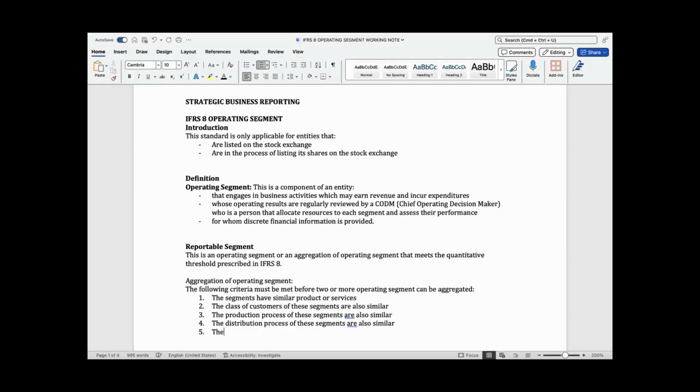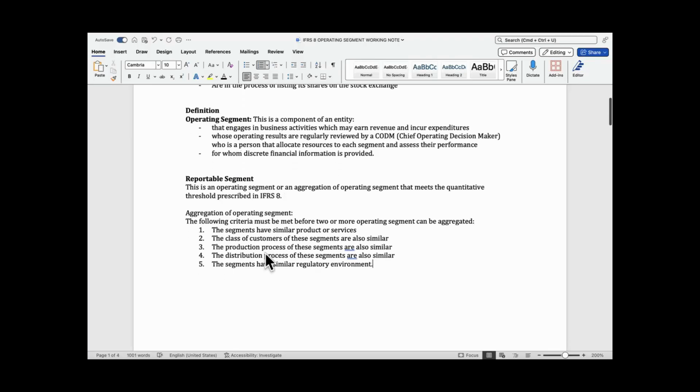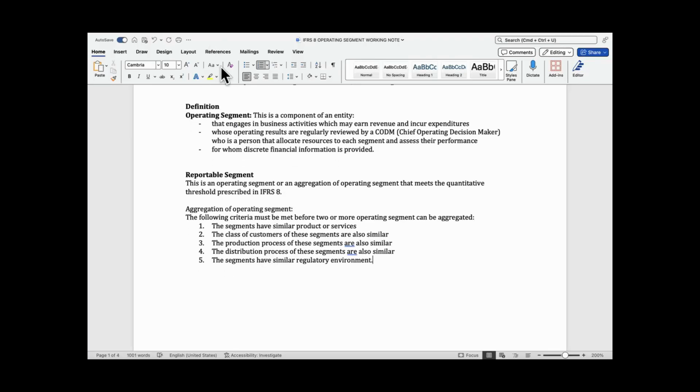And finally, the segments have similar regulatory environments. These are the five criteria that must be met before you can aggregate operating segments. So you can put them together and see them as one segment.